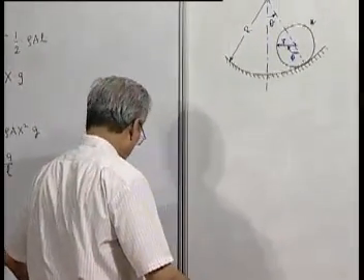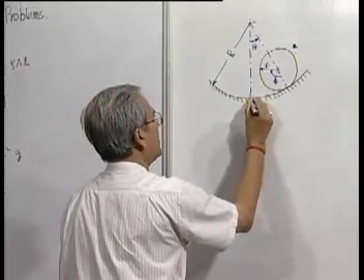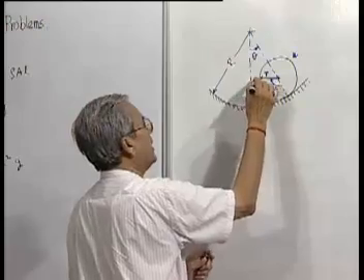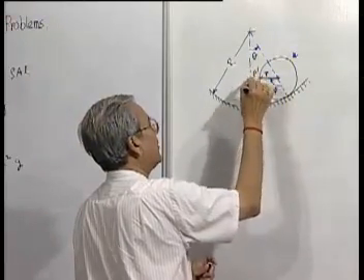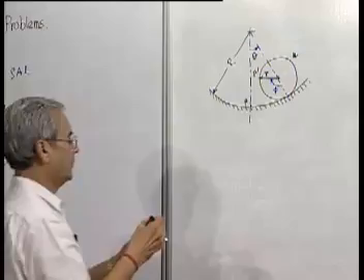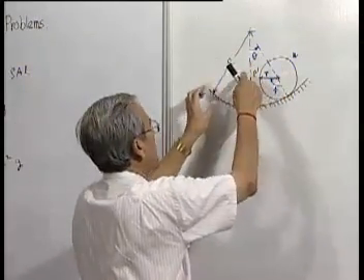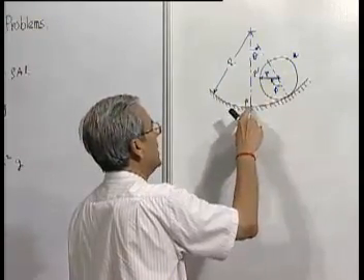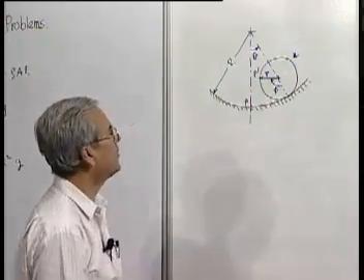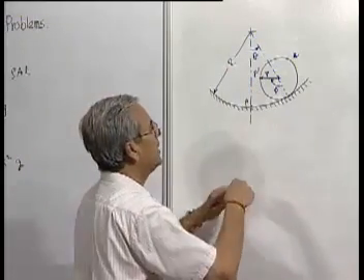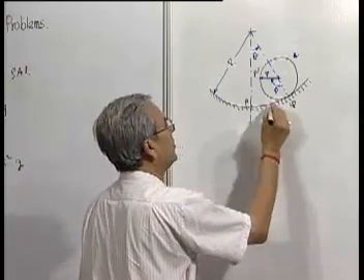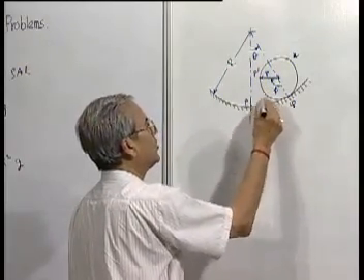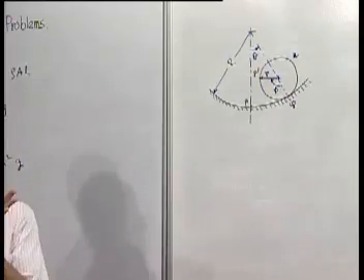If this is the case of pure rolling, when the point was touching here and it has rolled, suppose it has gone there. That means when the cylinder was at this point, the point of contact P on the cylinder surface has gone now to this. The condition for pure rolling tells us that this P prime Q must be equal to PQ, this part. Their total length must be the same because there is no slip between these two.